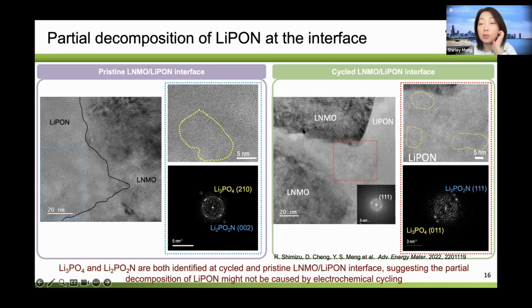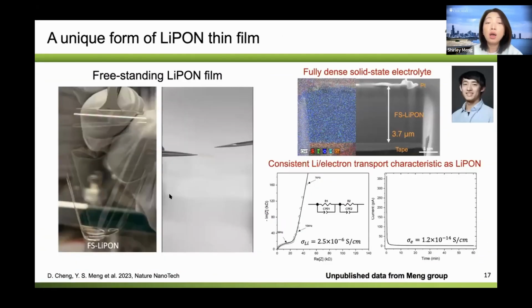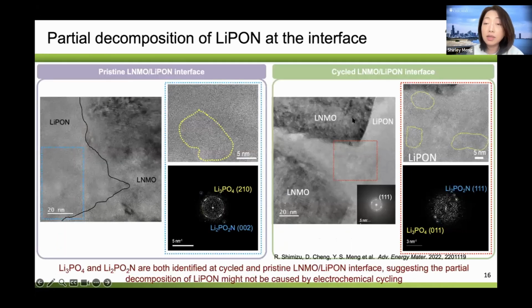I do want to show you this picture: after the cycling, you can see between the two crystals there's a very deep groove, about 40 to 50 nanometers, and LiPON is completely filled inside. And in some areas near these sharp edges, we do observe the decomposition products that were previously predicted in the computation. So by doing that, it gives us quite a lot of confidence that we believe complete clean LiPON without any air exposure should have very interesting mechanical properties.